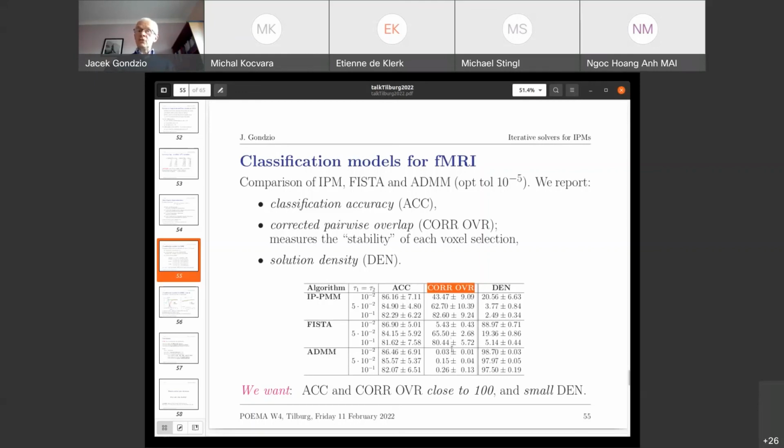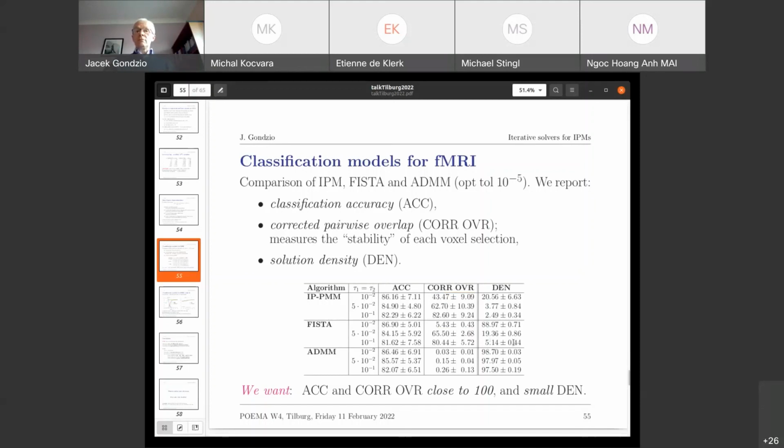FISTA manages to handle it, eventually gets for tau equal 10 minus 1, it gets to 80%, which is not bad, but interior point method gets much better result, 82.6%. This is the quality of this corrected pairwise overlap.